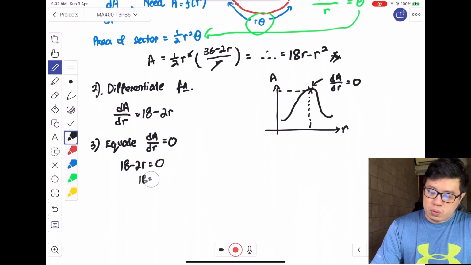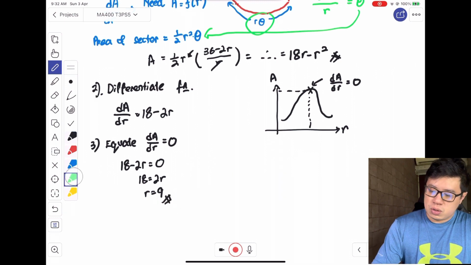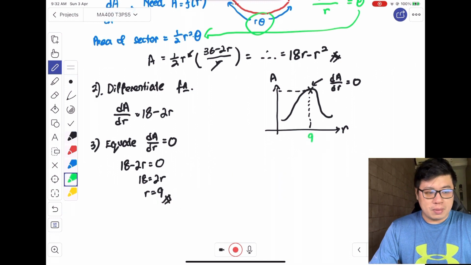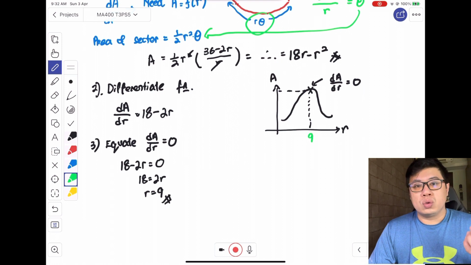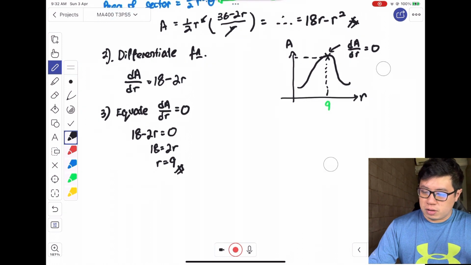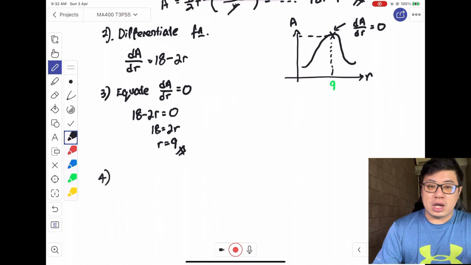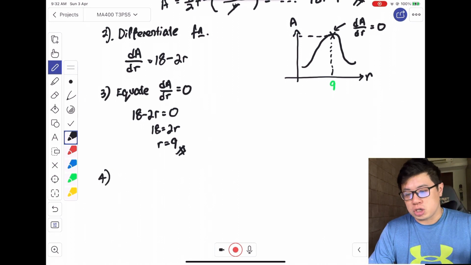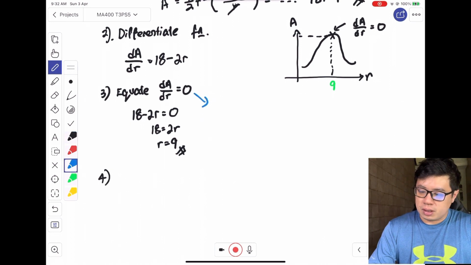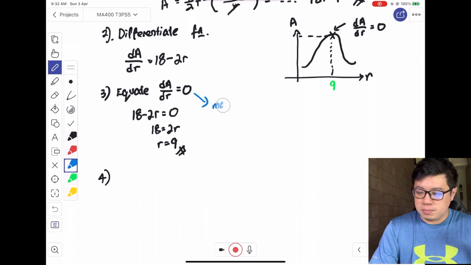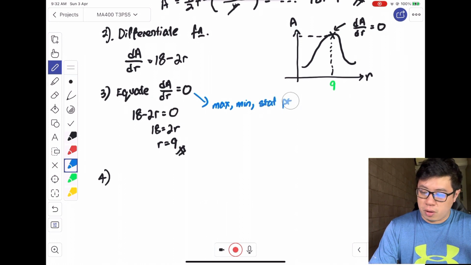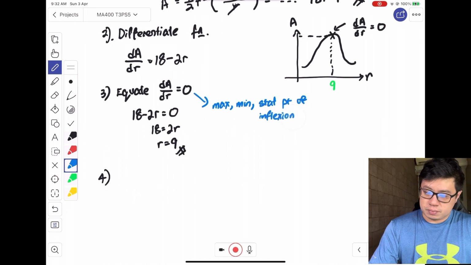Just work out the equation and you know that your radius will be equal to 9. Of course, you need to conduct the right test to verify the nature of the stationary point, because at a stationary point it can be a maximum, a minimum, or a stationary point of inflection. So there are 3 possibilities. How do we verify that it's the maximum?